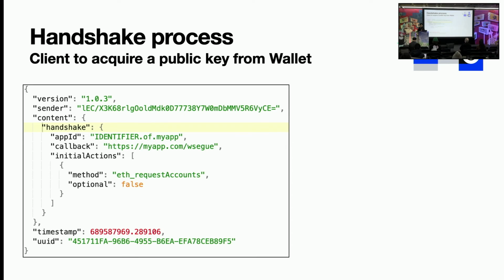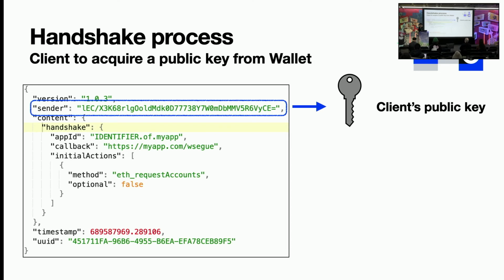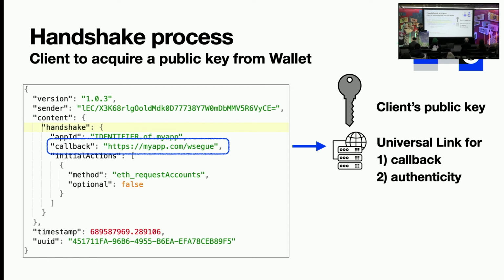So we call this process of the client acquiring permission from the wallet a Handshake. In this sample Handshake message, the sender field is actually the public key of the app, and you pass your universal link domain, which will be used for callback and authenticity verification.